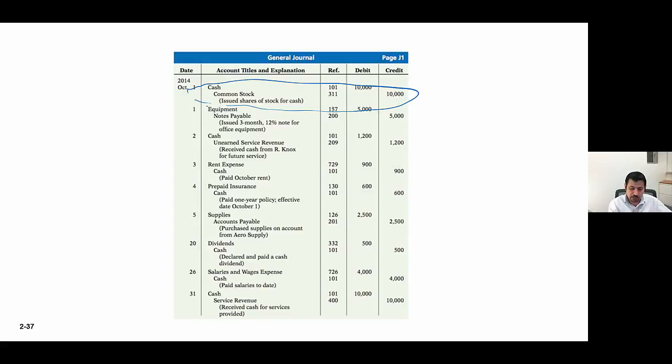Transaction 1, transaction 2, etc. We have the account that was debited, the account that was credited, the amount debited, the amount credited, and as you can see, total debits always equal total credits. So debits are equal to credits for each transaction. And here on the reference, we have the accounts that are involved. Those are the account numbers for each account that was debited or credited.